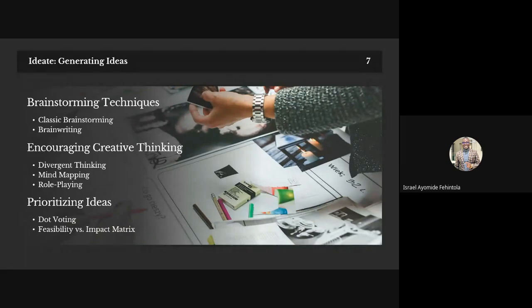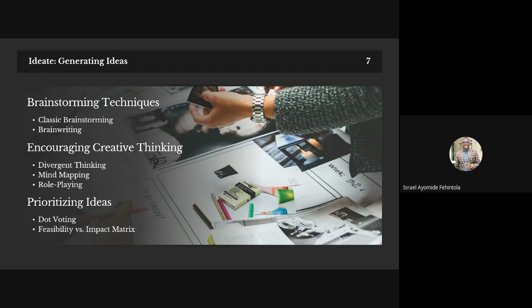Then another one is brainwriting. Brainwriting is when you ask everybody in your team to write down their ideas instead of saying them out. Write down the ideas, then generate, and you distribute them among the other team. Then ways of encouraging creative thinking. You can have divergent thinking. Divergent thinking is when you allow many solutions.